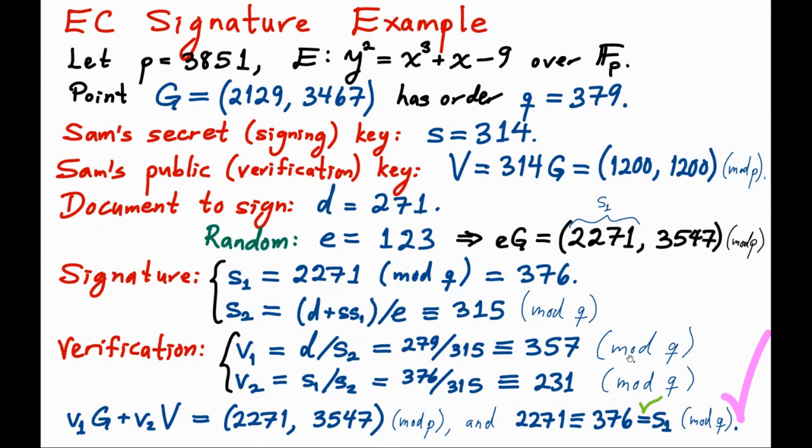All of this only involves arithmetic modulo Q, so V1 and V2 are integers modulo Q. What I'm going to do with them is use them as coefficients of the points G and capital V, which makes sense because V1 and V2 are things modulo Q. When you do that, 357 times G plus 231 times capital V, this 1200 point, you get X and Y coordinates modulo P. But in order to verify the signature, you take the X coordinate here and reduce it modulo Q. When you do that, you do get the same 376, which was S1.